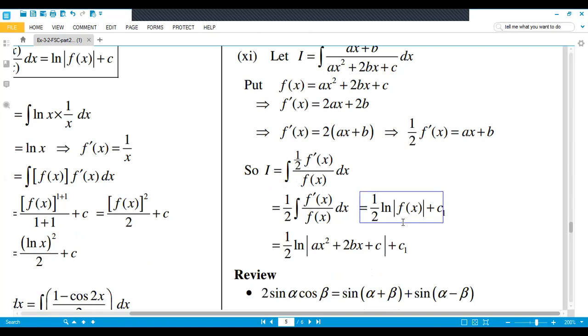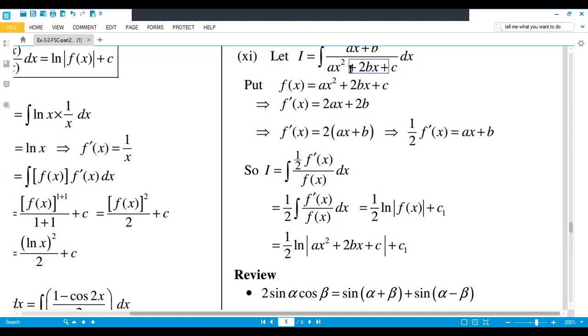If you have the integral of f prime of x divided by f of x, then its answer will be natural log of f of x. That means in rule 2, if the derivative of the denominator is present in the numerator, its integration will be the natural log of the denominator. So here we use that rule.